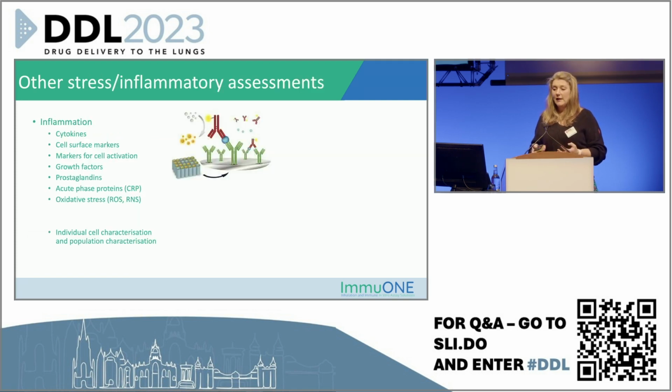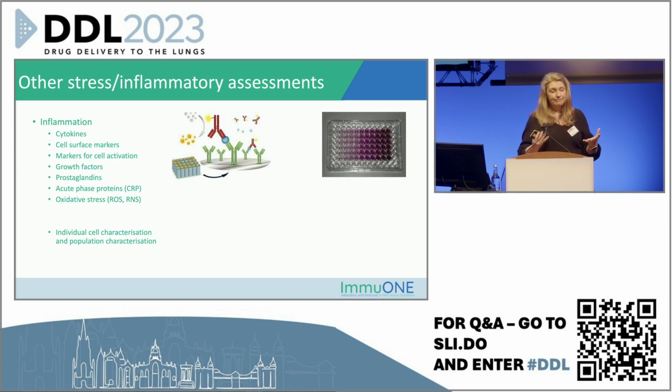Things that are definitely moving forward are not just cell death, but what's the underlying inflammation? Is there other cell stress there? There's a range of different things that can be looked at, so cytokines, surface markers, growth factors, very much antibody-based techniques. These can be done as an average of the whole cell population.